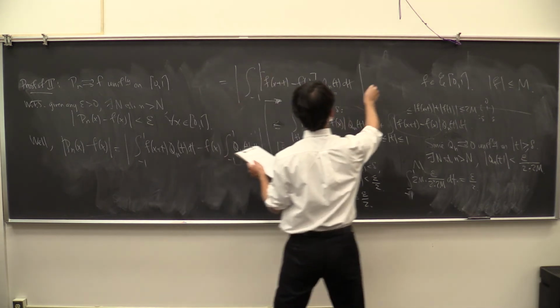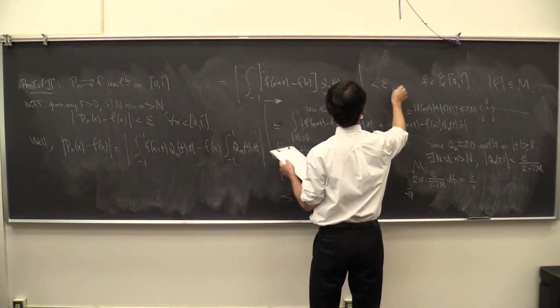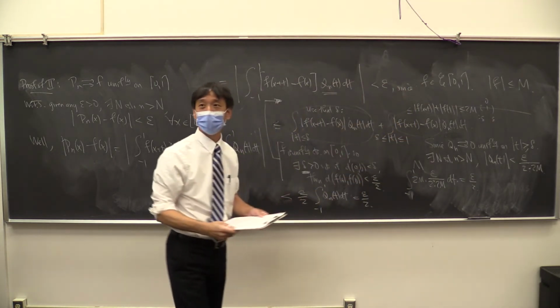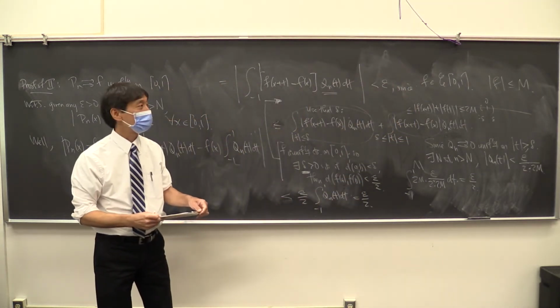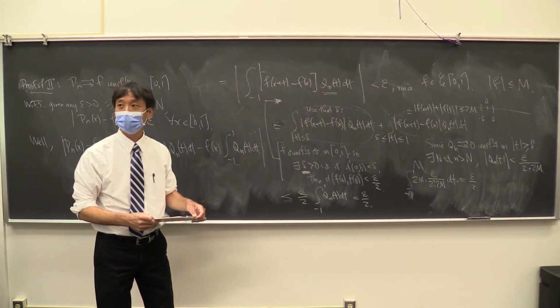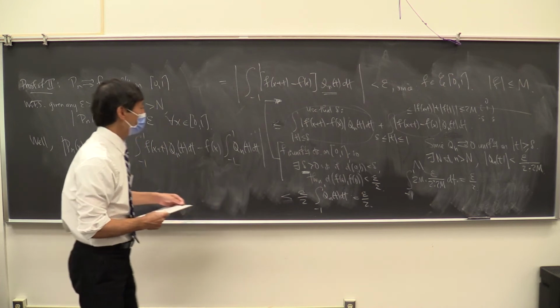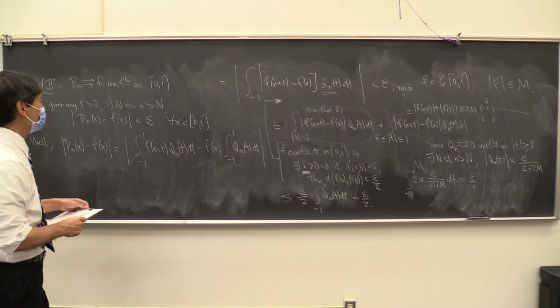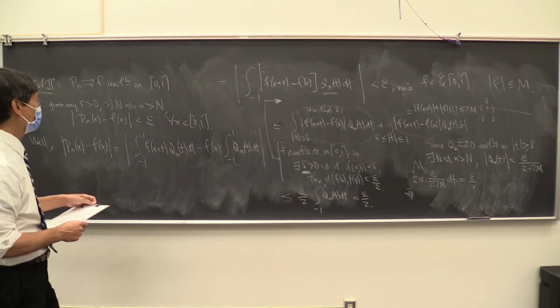So we can make this thing smaller than epsilon. Okay, so that is the proof of the Stone-Weierstrass theorem. I hope you like it. It's kind of cool. And you see what the point of the approximation of the identity was.